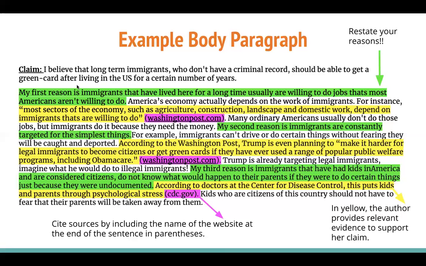Restate the reason, provide evidence to support the reason, cite the source. Do that in green, yellow, and pink for each reason.